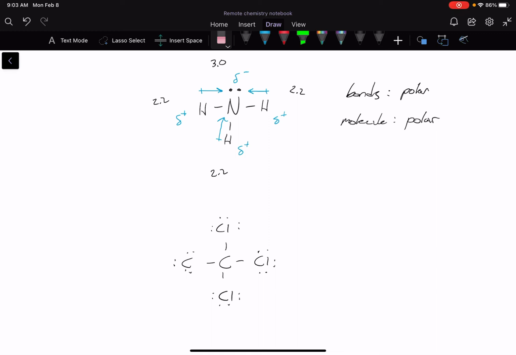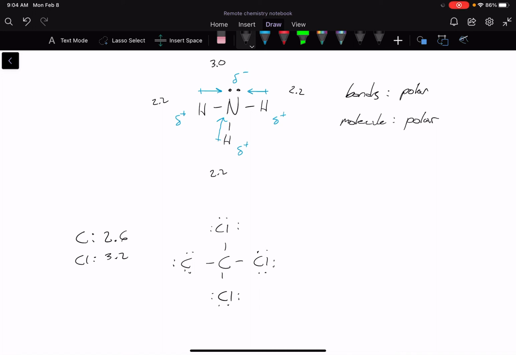Okay, so here's carbon tetrachloride. Now carbon has an electronegativity of, I believe that's 2.6 actually. And then chlorine has an electronegativity of 3.2.